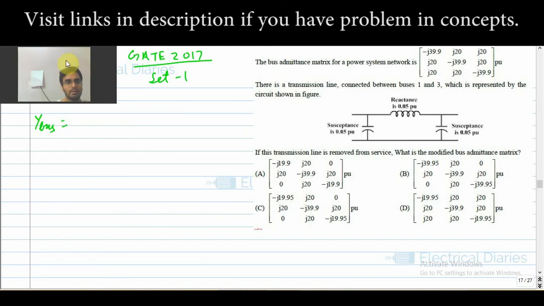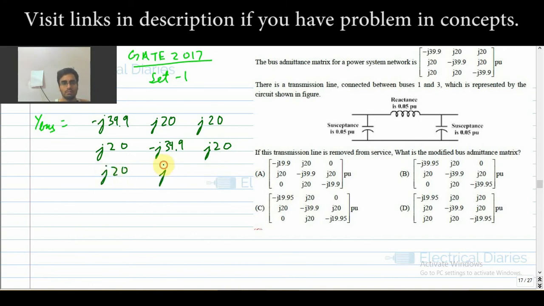The given Y bus matrix has entries such as minus j39.9 and j20. So this is the Y bus given to us.